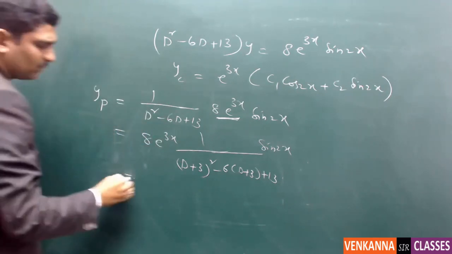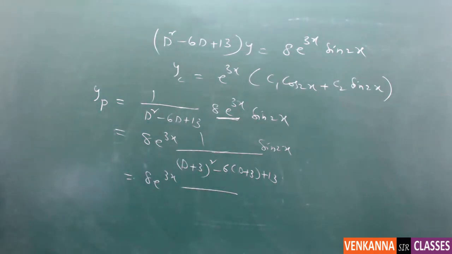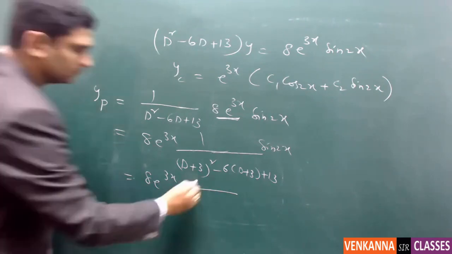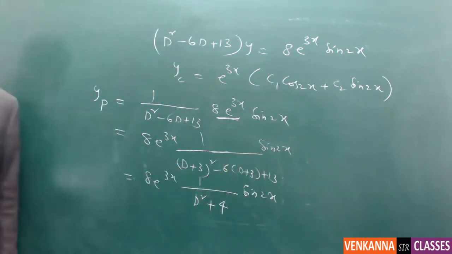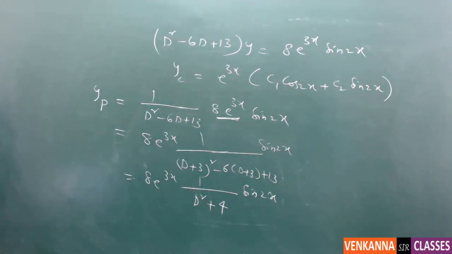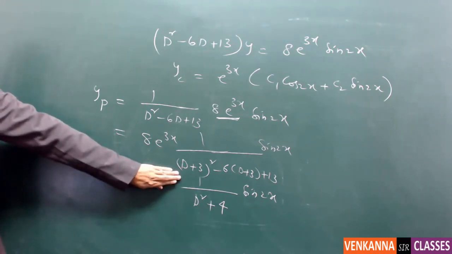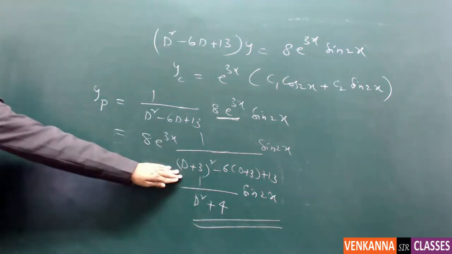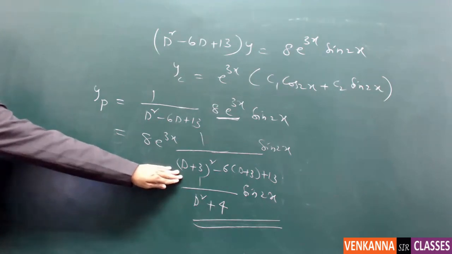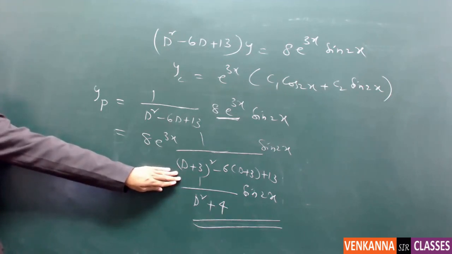Can you simplify this part? What will it be in the denominator? So d square plus 4 into sine 2x. Now you totally forget about the exponential and concentrate on this part. Whenever sine or cos functions are there, d square should be replaced with minus the number whole square. If the denominator becomes undefined, we have the formula.